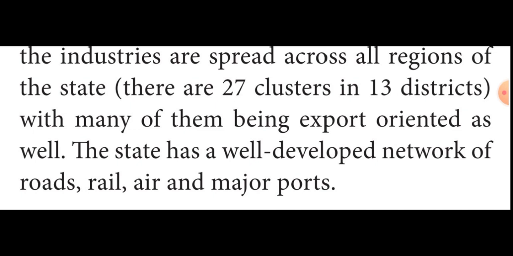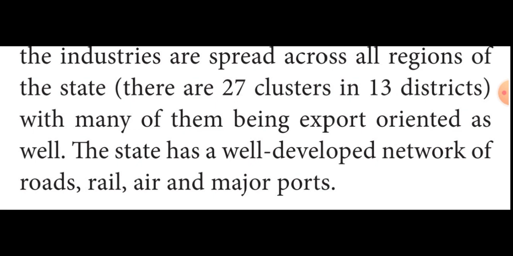And also, why the industries get development: Tamil Nadu has a well developed network of roads. That means good road facilities are there to transport goods from one place to another for their production. Then through rail they are sending their goods.